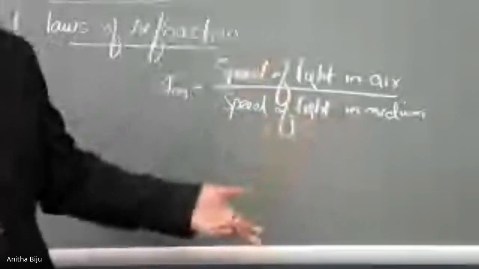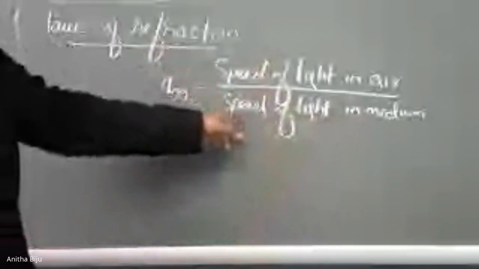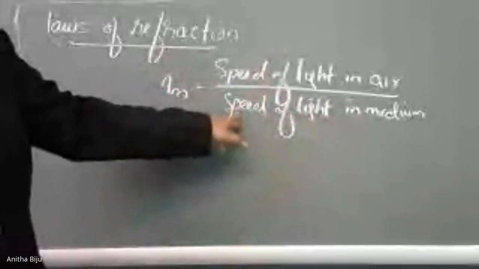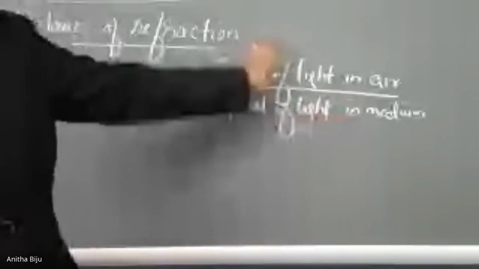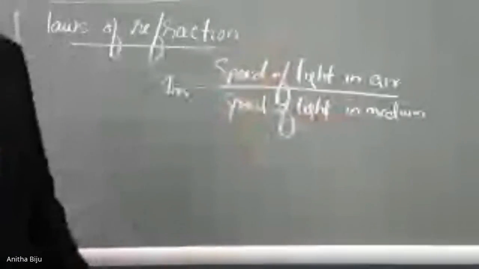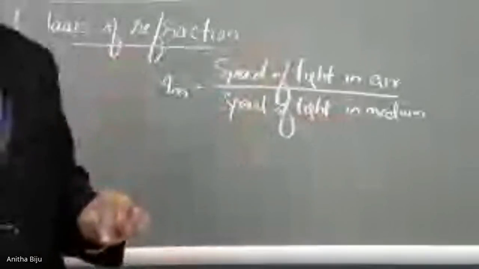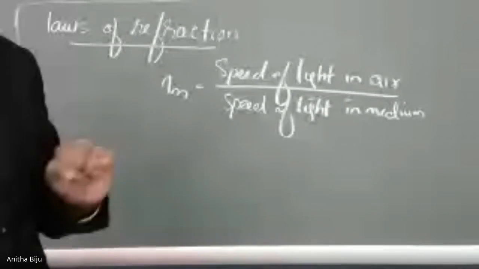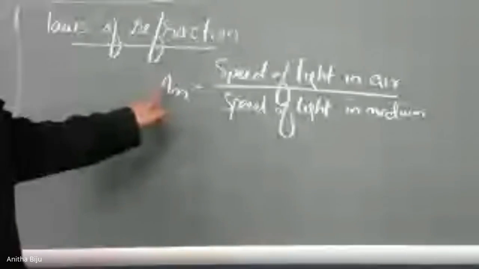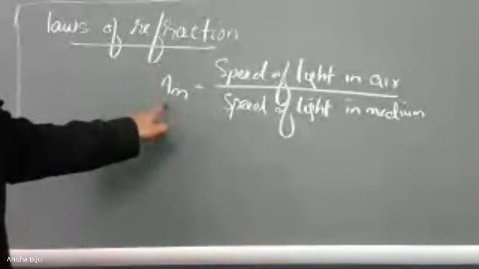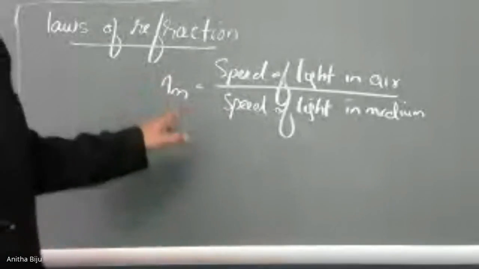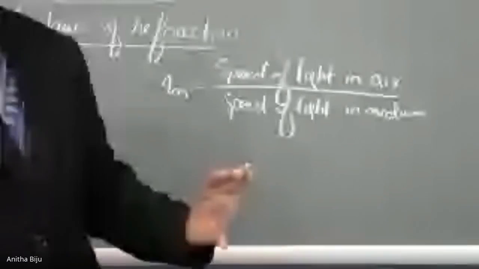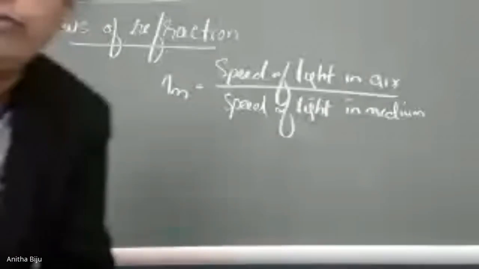If you want to calculate the refractive index of water, the denominator has changed: the speed of light in water, and the numerator remains the same. There is no change. This kind of refractive index is known by what name? Absolute refractive index. The simple refractive index means the medium is not fixed.